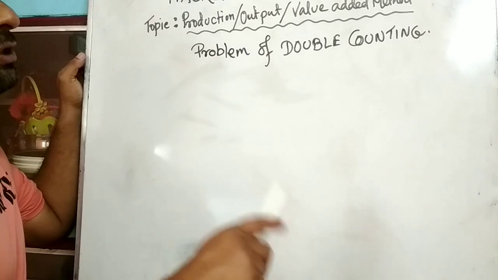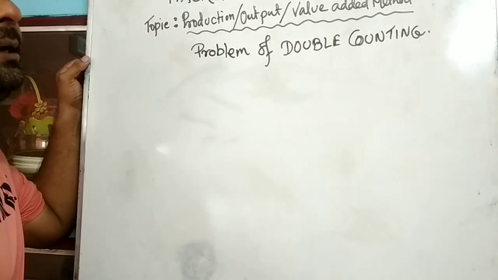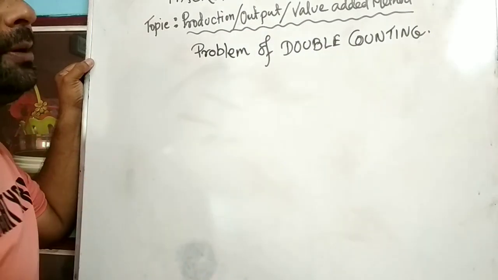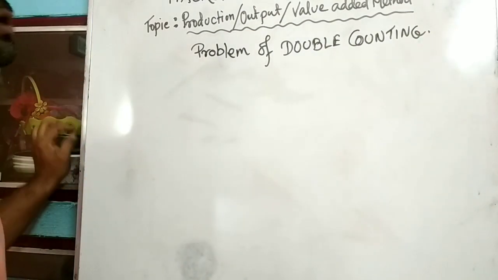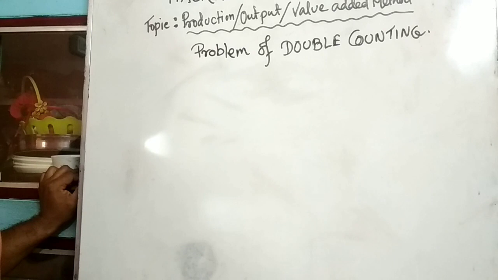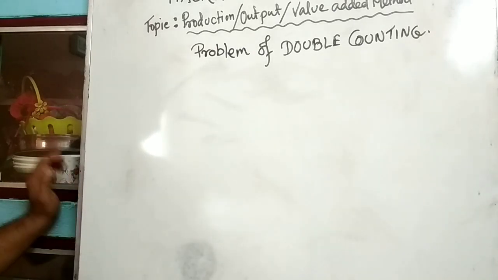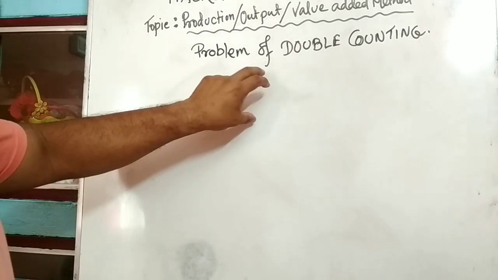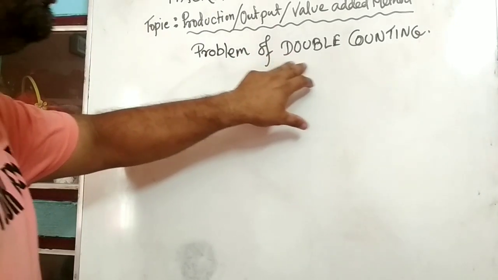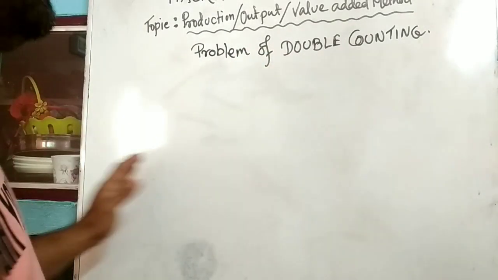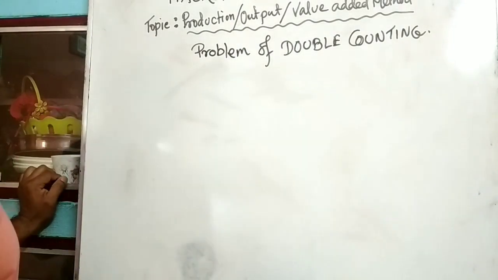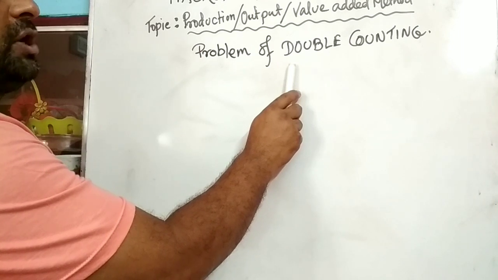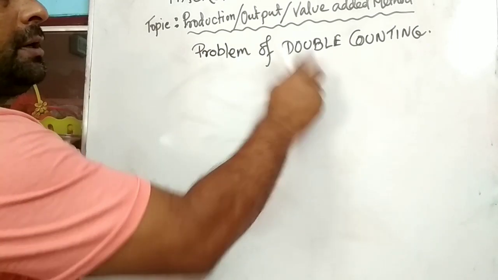If the same product is calculated again and again, it creates the problem of double counting. Our actual national income is not reflected in the value. Whatever we are getting is not the actual national income. The actual national income is much less, but due to double counting the figure seems so big. So there is a huge problem in the calculation of national income.